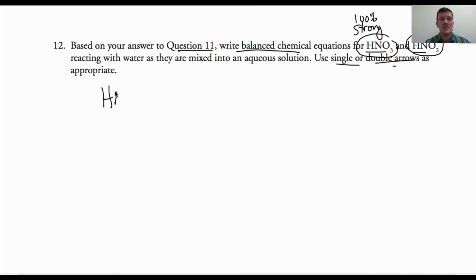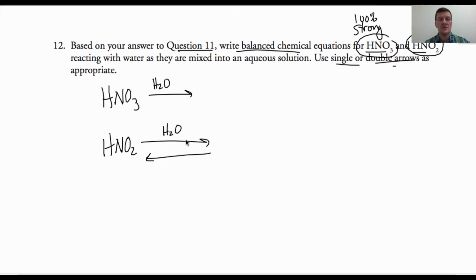So HNO3 compared to HNO2: single arrow, complete ionization. And I'm going to put the water like this. Instead of plus water, there's another way to show this, which is by just putting the water above your arrows. But that means that this is going into an aqueous solution, so we have water to react with.